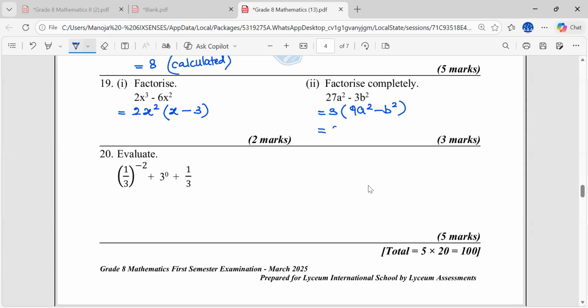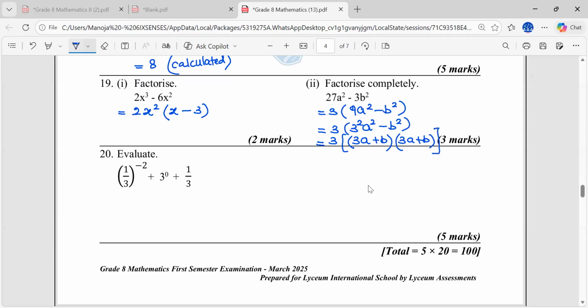If you can remember, this 9 I can write as 3 squared, a squared, b squared. Then I can write 3, open the bracket, then I write 3a plus b and 3a minus b and close the bracket.